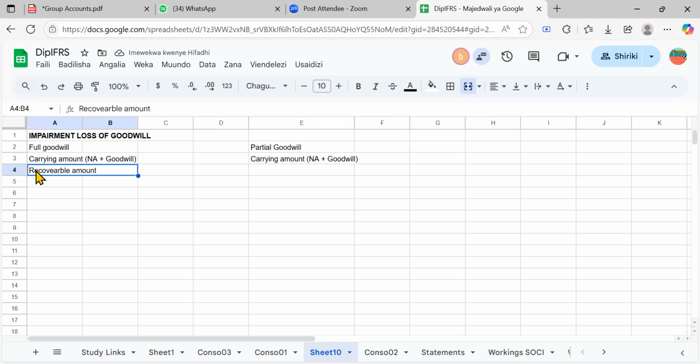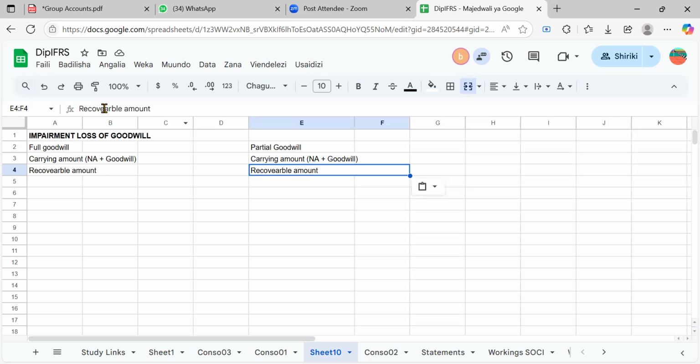Like the one we did in question 3, the partial one will be the proportional one.